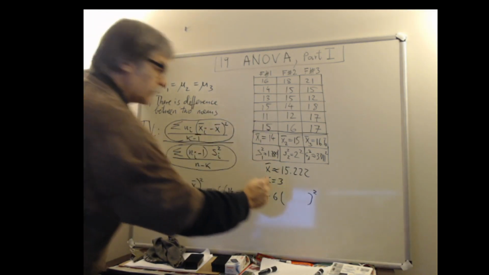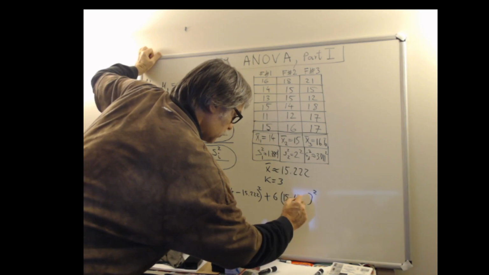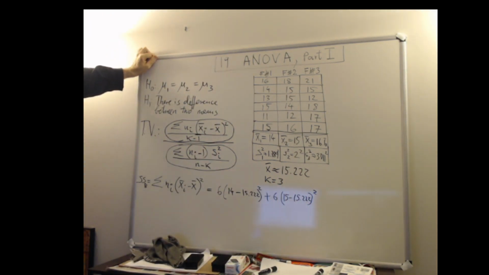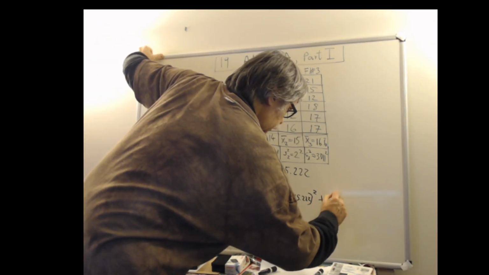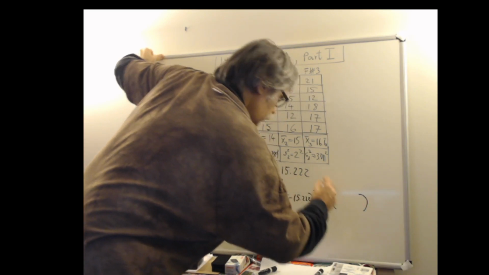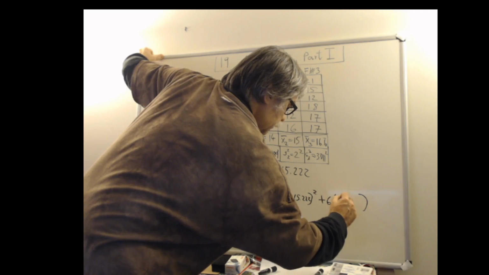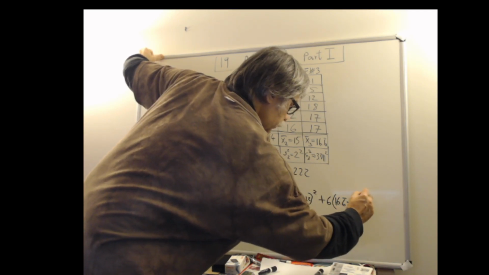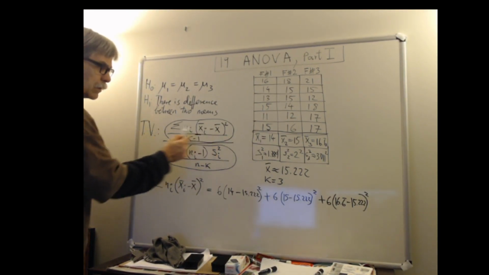Mean in the second group, 15, minus the overall mean, okay, and the third group, 6. The mean in the third group, 16.6 bar, minus the overall mean, 15.222 squared. So this is the numerator of the numerator.